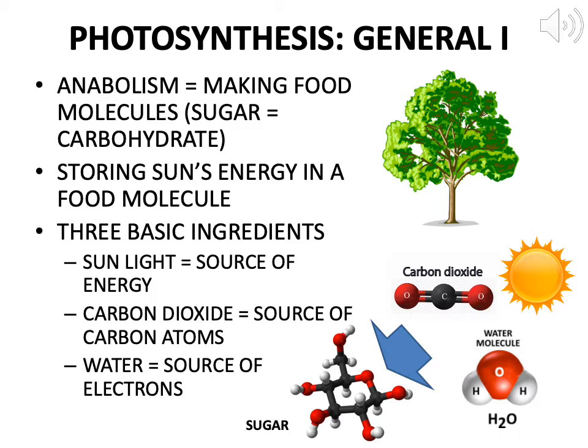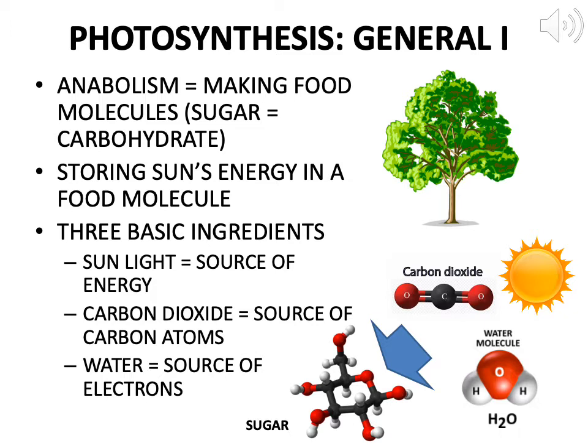Now for the plant, that food molecule is an energy-containing compound that we commonly refer to as sugar, also known as carbohydrate, produced by the plant in order to do a number of different things. Keep the plant alive, allow the plant to grow, and allow the plant to reproduce. So we're taking the sun's energy, we're capturing it, and we're storing it in this food molecule.